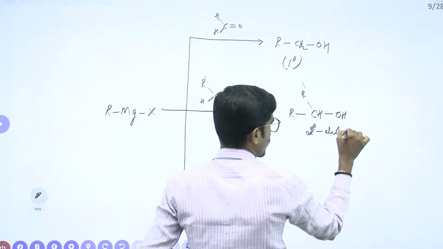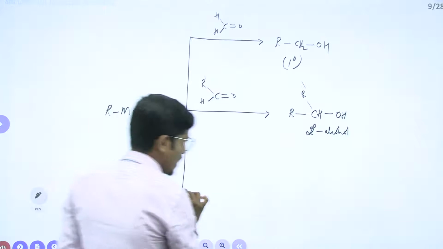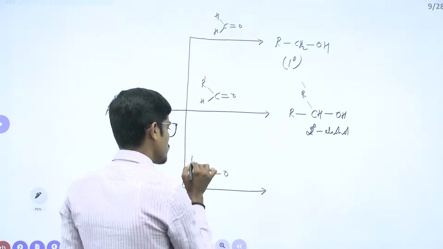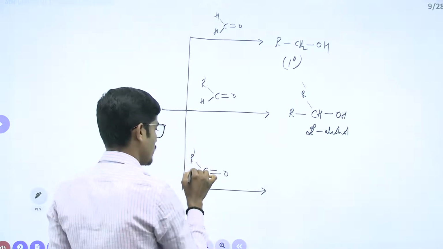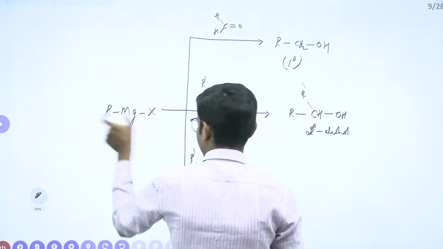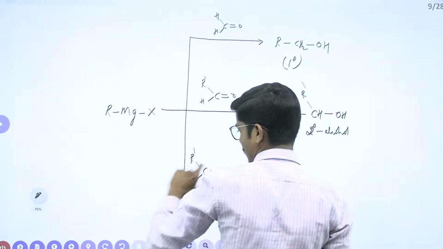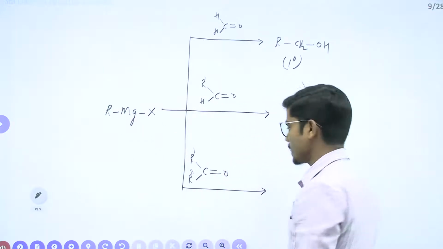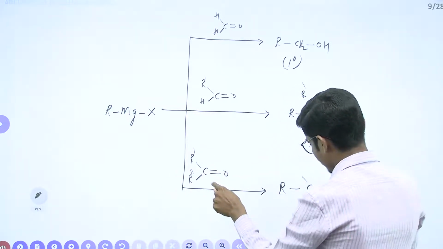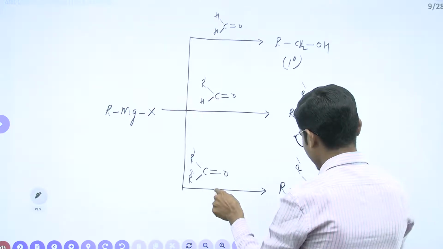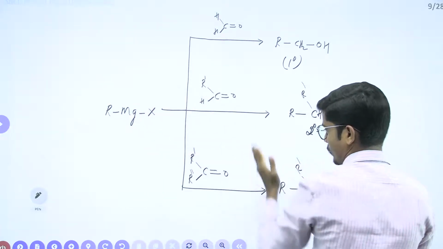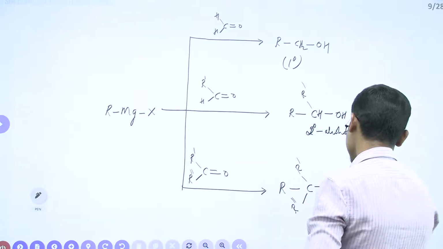Secondary alcohols are the product in this case. When the same Grignard reagent is treated with a ketone, that is ketone R, R dash, R double dash, you can take any R, R dash, R double dash, or simply mention R. Just to differentiate between the alkyl group of the Grignard reagent and aldehydes and ketones, I have mentioned R dash, R double dash, etc. In this case, the R group attacks the carbonyl carbon, which contains two alkyl groups, and one double bond gets shifted onto oxygen, to which the remaining part of the Grignard reagent attaches, and after hydrolysis it gives rise to an OH group.